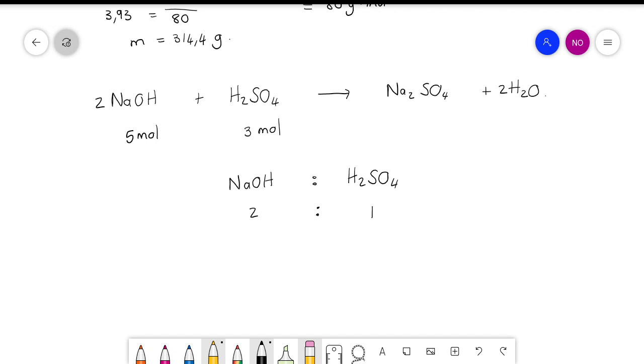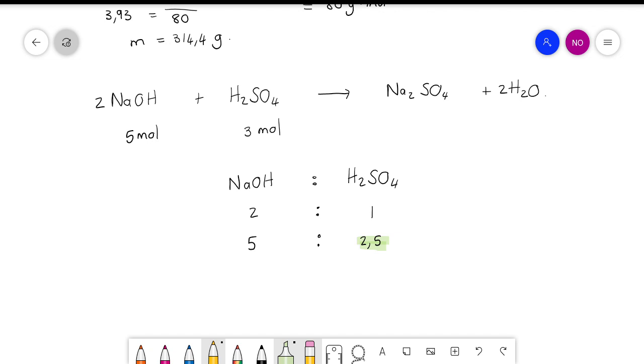Okay, so nou kies ons een van hulle en ons sit hom in. So ek gaan sommer die natriumhidroksied kies, dit maak nie saak wat een ons kies nie. Kom ons sê ek sit hierdie 5 mol hier in. Stem julle saam, ek het dan 2,5 mol nodig van die H2SO4. Where did I get that? In the 2 to 1 relationship, okay? So you lock in one and you determine the other one, okay?